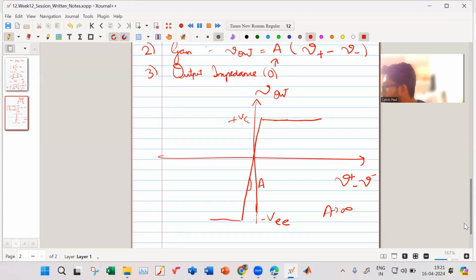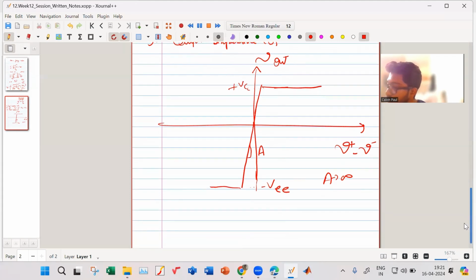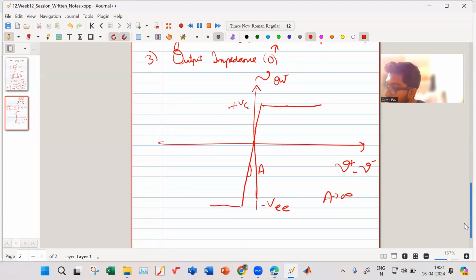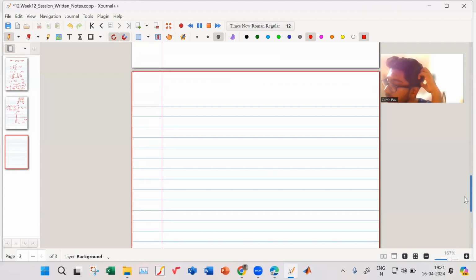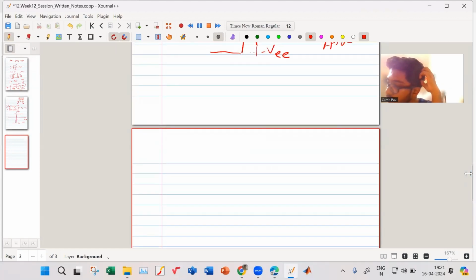So now, this is one case. Now, let us assume time t. This is your V plus minus V minus. Okay, it is changing like this.